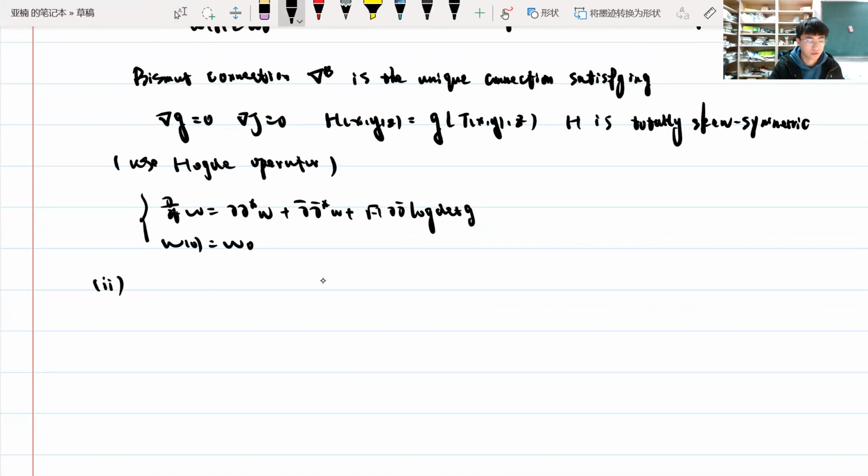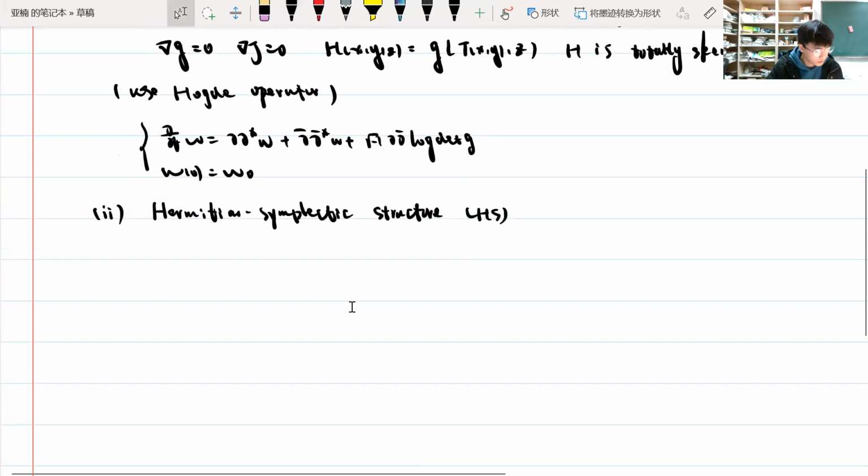And I'd like to talk something about the Hermitian symplectic structure, very shortened as HS structure. We say a manifold admits a Hermitian symplectic structure if there exists a Hermitian symplectic form.